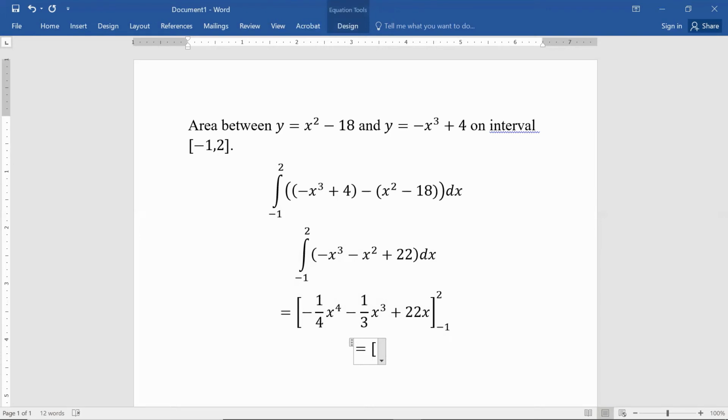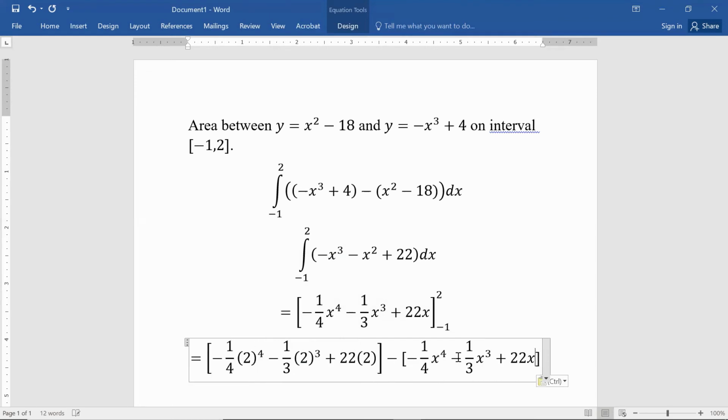That gives me -1/4 times 2 to the 4th, minus 1/3 times 2 to the 3rd, plus 22 times 2. In other words, every time I see an x, I replace it with the number 2. Then we're going to subtract off what we get when we plug in -1 into the function.